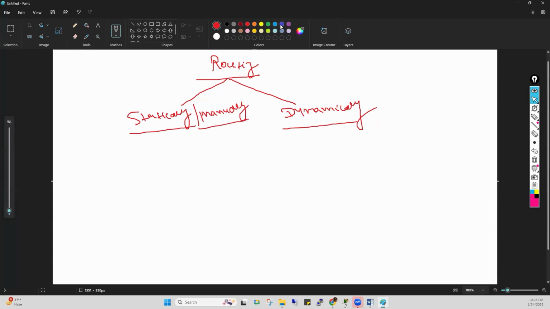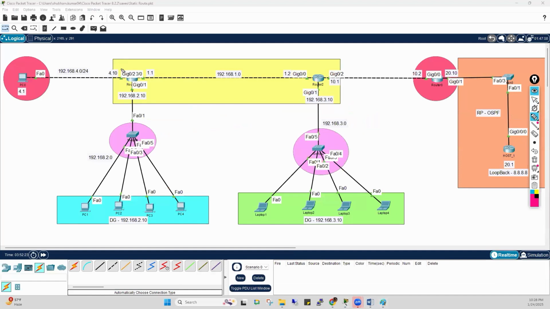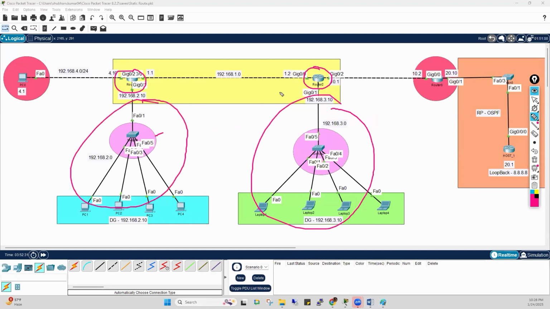First, guys, what do you mean by dynamically? Dynamically means your router will know all the network information automatically.